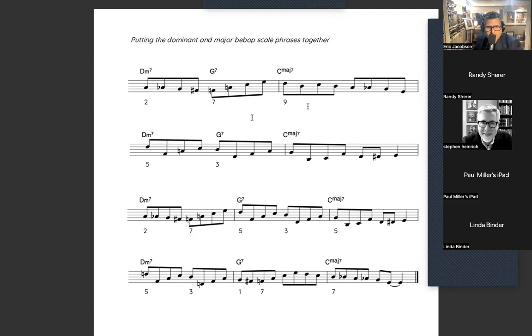Now I said 2, 5, 1. Well, this whole measure right here is really just G7, but it fits over D minor. So it could be a D minor, G7, and it all works, and then I'm landing into the 1.